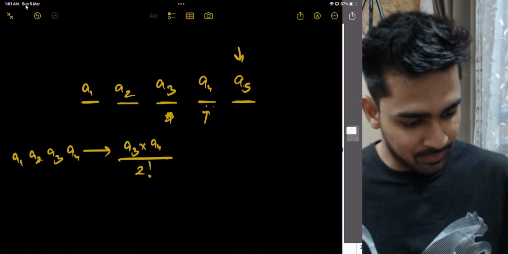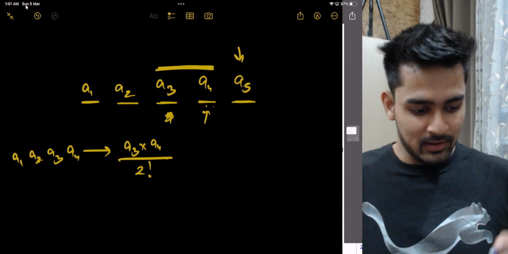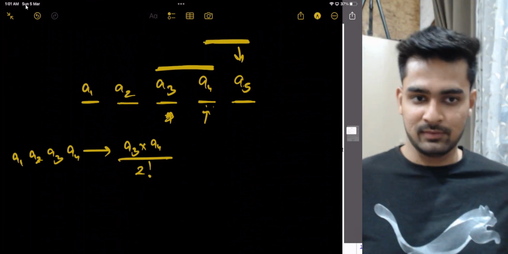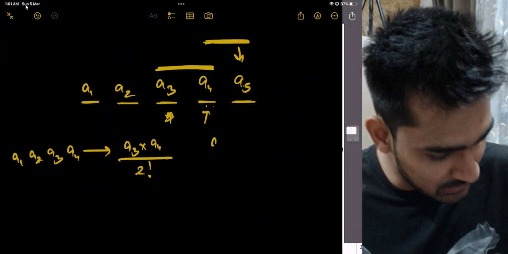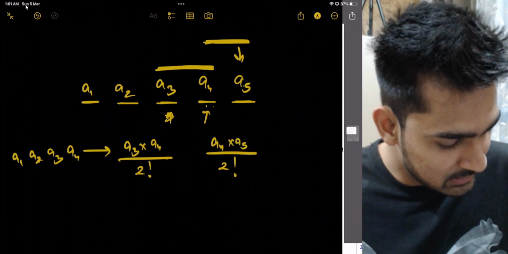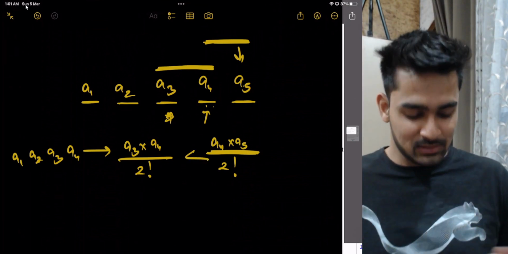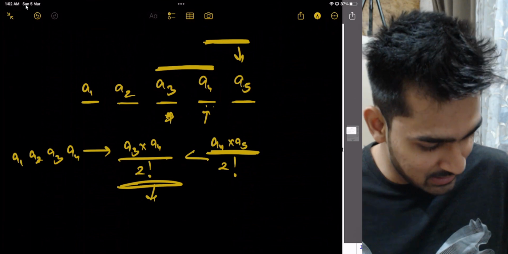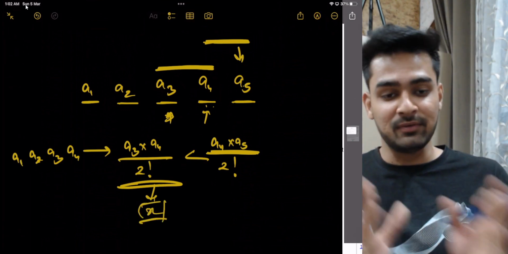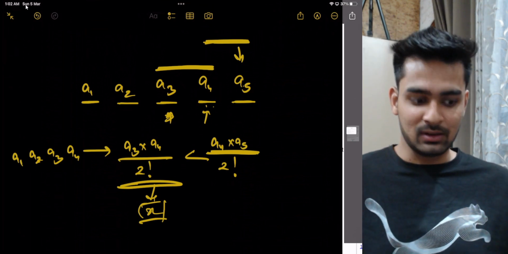Now since the answer came from these two elements, if we take a4 and a5, this will be divided by 2 factorial. This value will always be greater than the previous value. The reason is, the length of this was, let's say, x. What I'm trying to say is that if the length of the previous answer was x, you need to take the same x values except the first value.